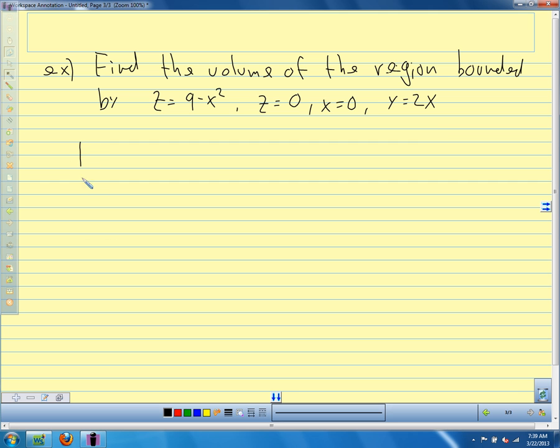So let's do a quick sketch of what we're talking about here. So z equals 9 minus x squared. What kind of surface is that? A parabola, a downward facing parabola. And so we end up with something like this in the YZ plane.